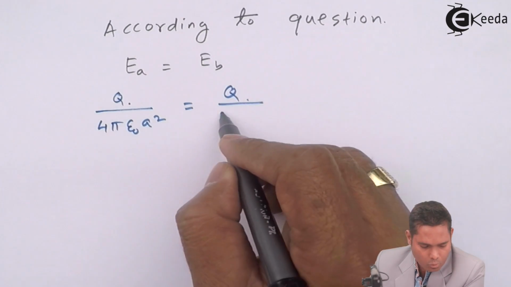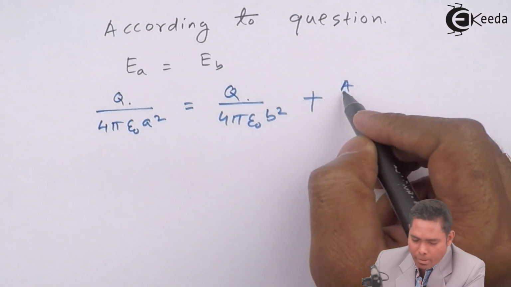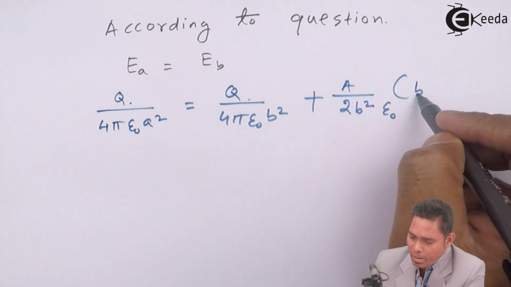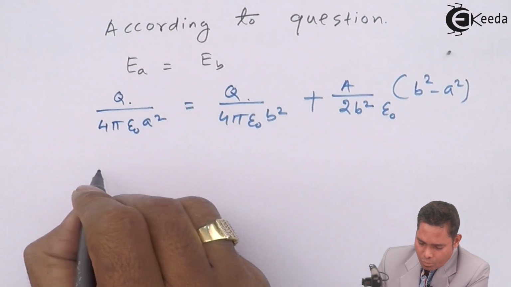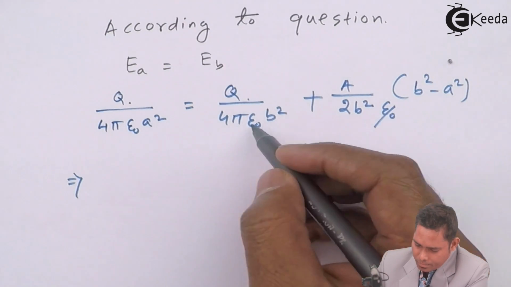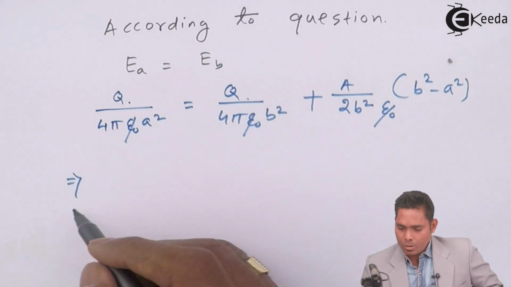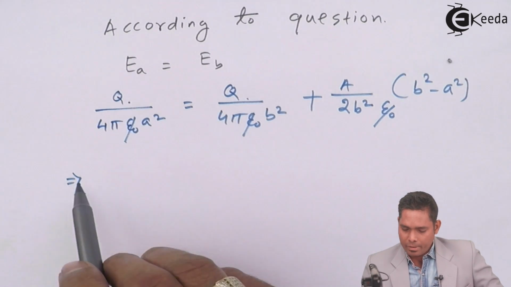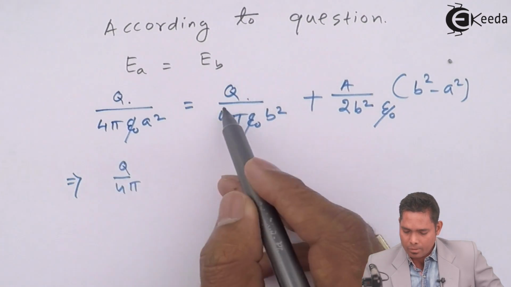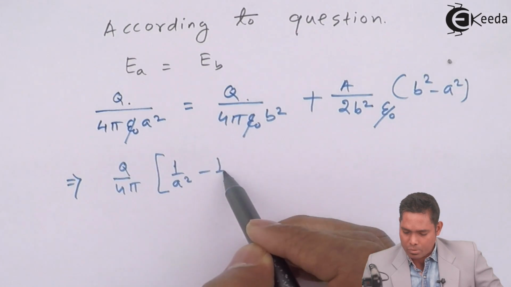q divided by 4 pi epsilon naught a square equals q divided by 4 pi epsilon naught b square plus a divided by 2 b square epsilon naught times (b square minus a square). From here I will cancel epsilon naught, and bring this to this side, and therefore with q upon 4 pi being common, I will write 1 upon a square minus 1 upon b square.